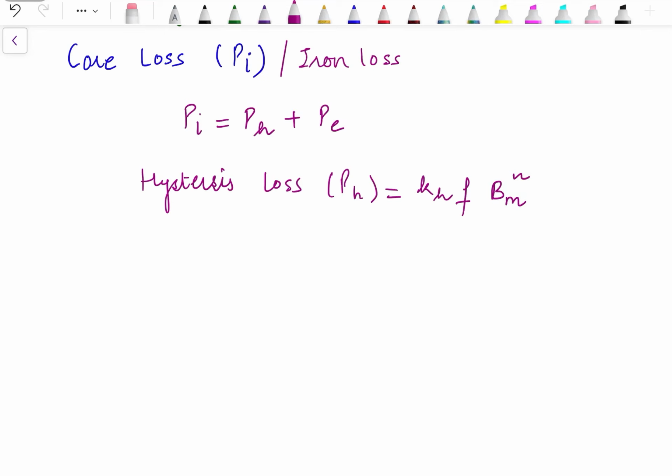So this is a formula for calculation of hysteresis loss, Ph = Kh f Bm^n, where Kh is a constant, known as the hysteresis coefficient, and its value depends upon the material. Bm is the maximum flux density, and f is the frequency.